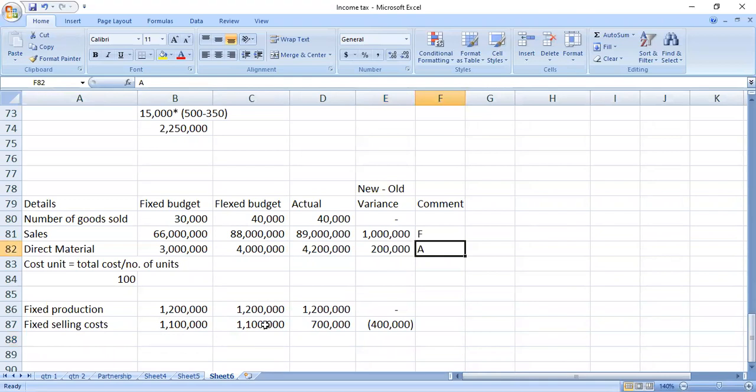We're saying that as long as it's a cost, if your actual cost is bigger than the budgeted, it is adverse. The reason is that as a firm, you want to maximize profits. For you to maximize profits, you have to maximize revenues and minimize costs. So where your actual is bigger than standard, it means you're maximizing costs, and therefore you're not maximizing profits. That's why we're saying it is adverse.